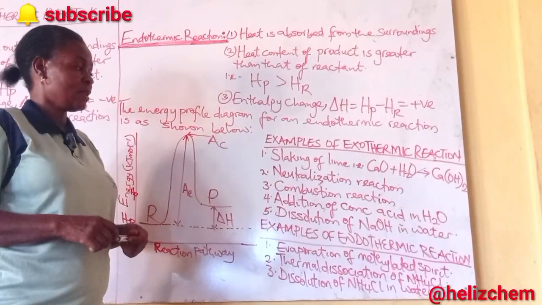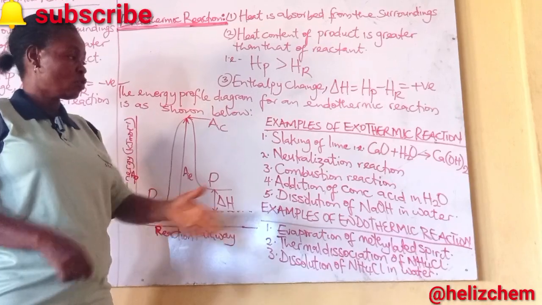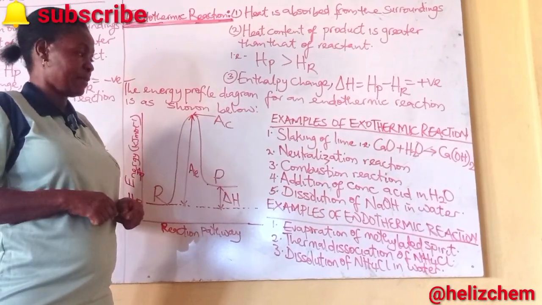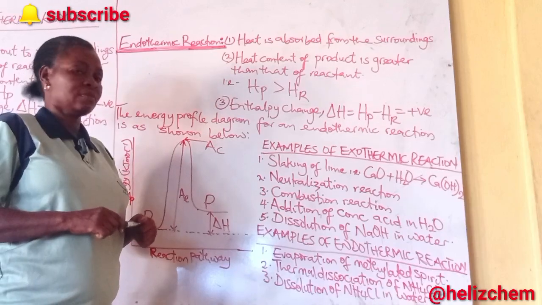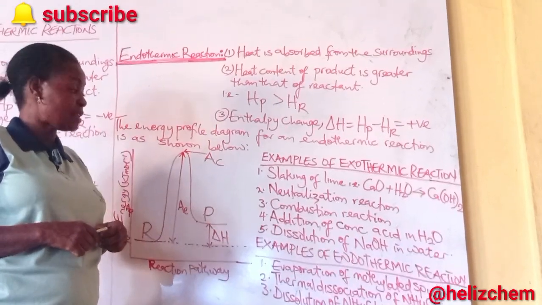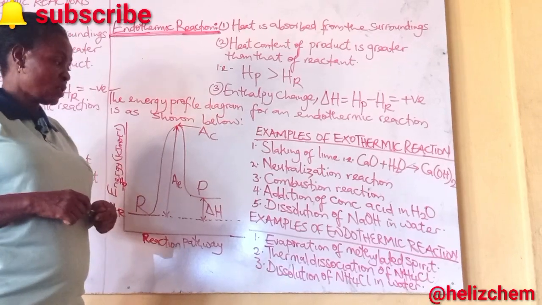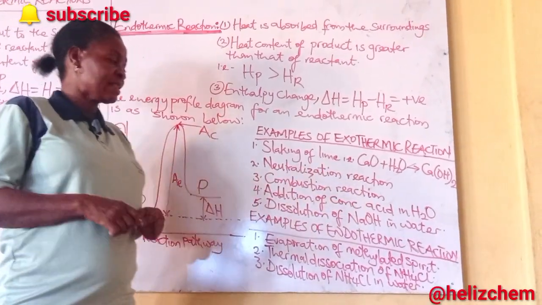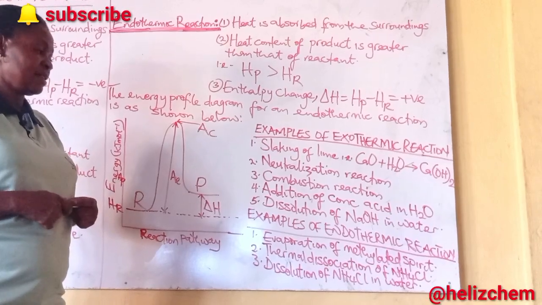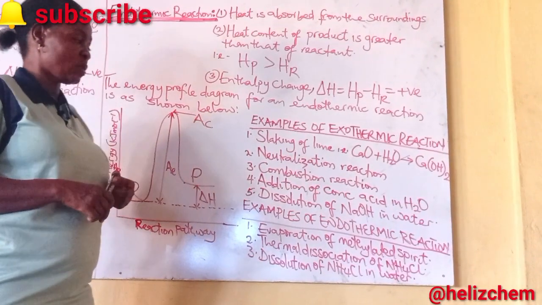Slaking of lime, that is addition of calcium hydroxide in water to produce quick lime. Neutralization reaction is also a typical example. Combustion reaction is also an example. Addition of concentrated acids in water and dissolution of sodium hydroxide in water.